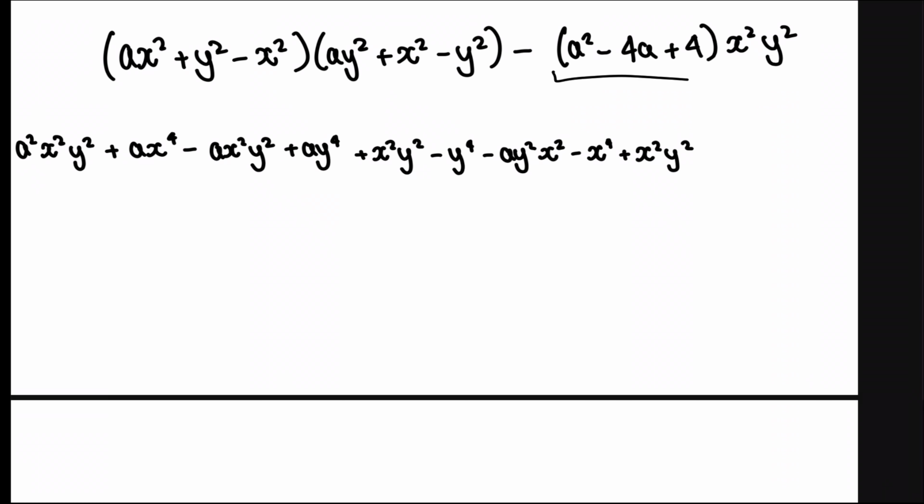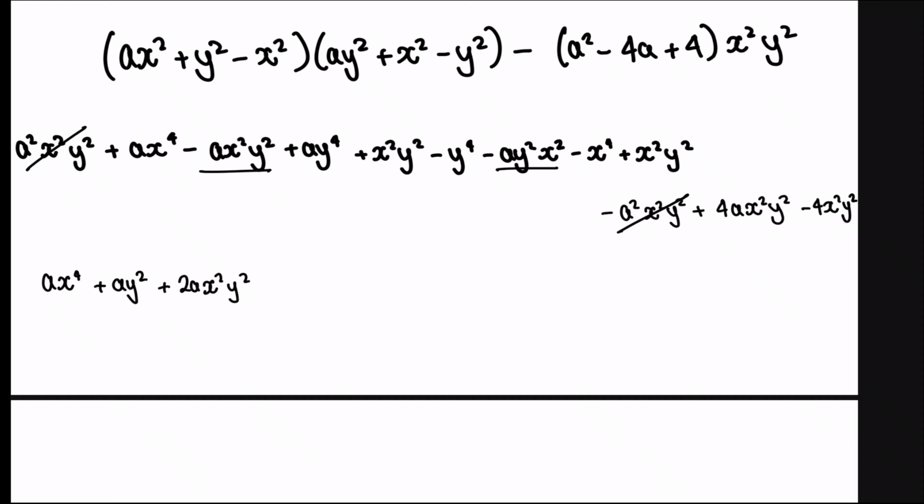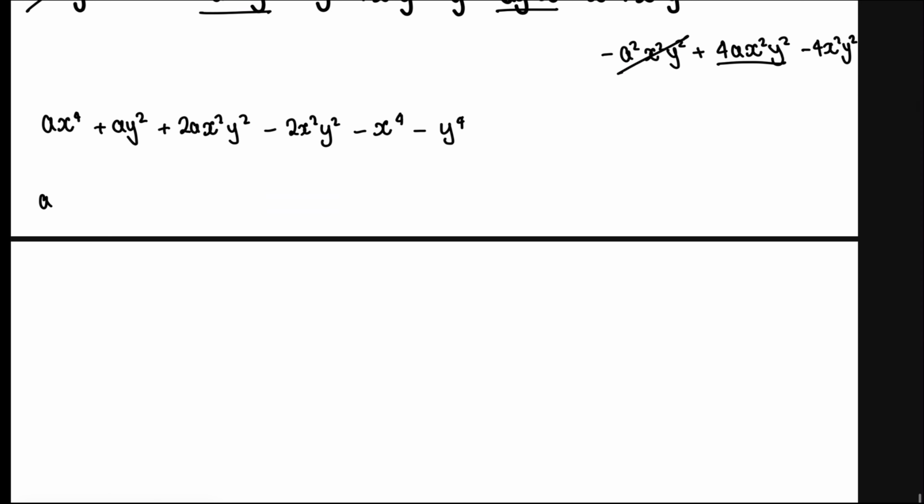Now, if I expand this out, we get minus a squared x squared y squared plus 4a x squared y squared minus 4x squared y squared. So this and this cancel out. And if we collect like terms, we're left behind with this. Now we can factorize a out.